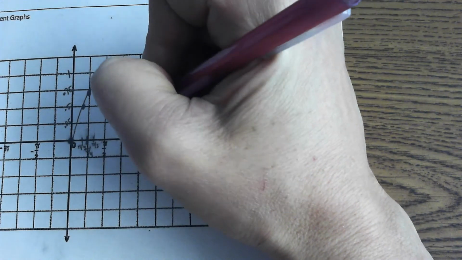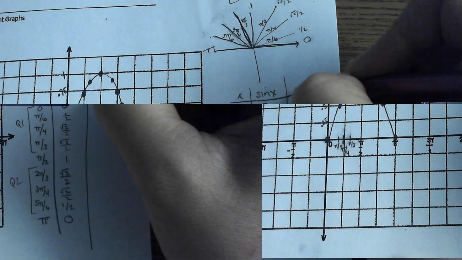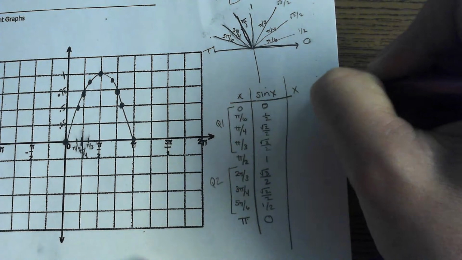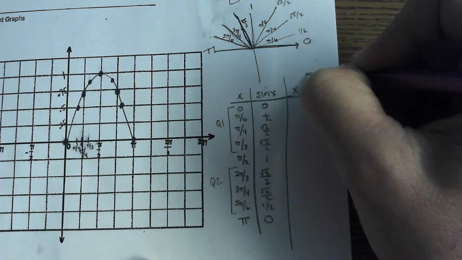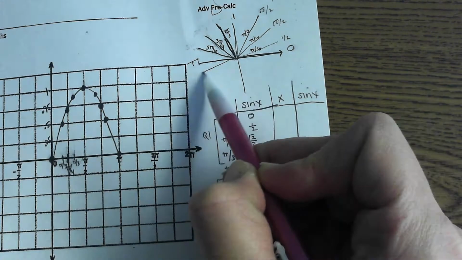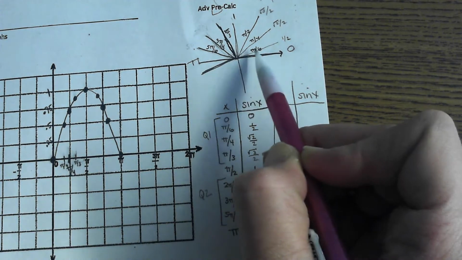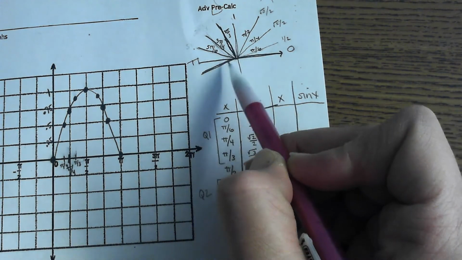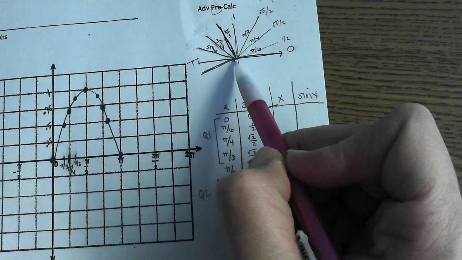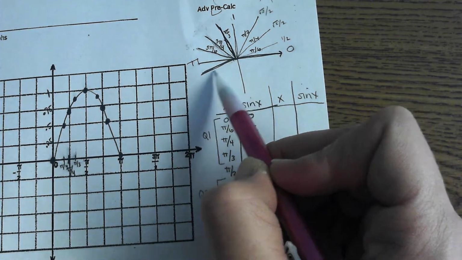That second stretch is Q2. We follow? And we're going to keep going into Q3 and Q4. So when we come here, what is that angle? If we're ticking around the clock here, what angle would that be? Oh, Marissa.